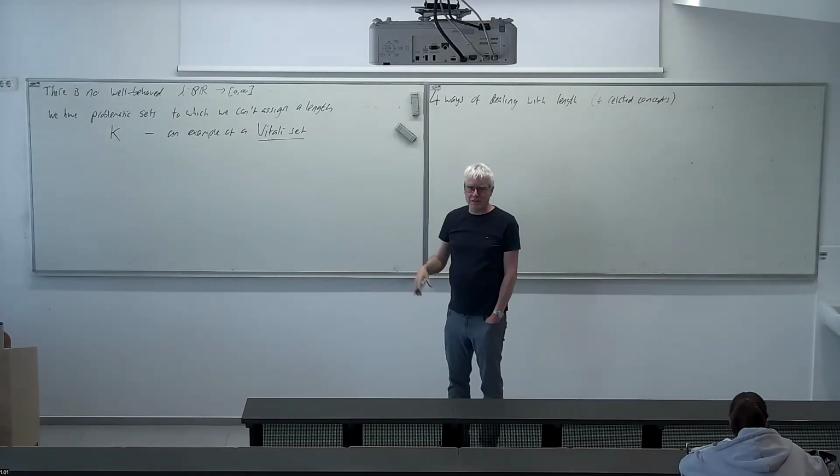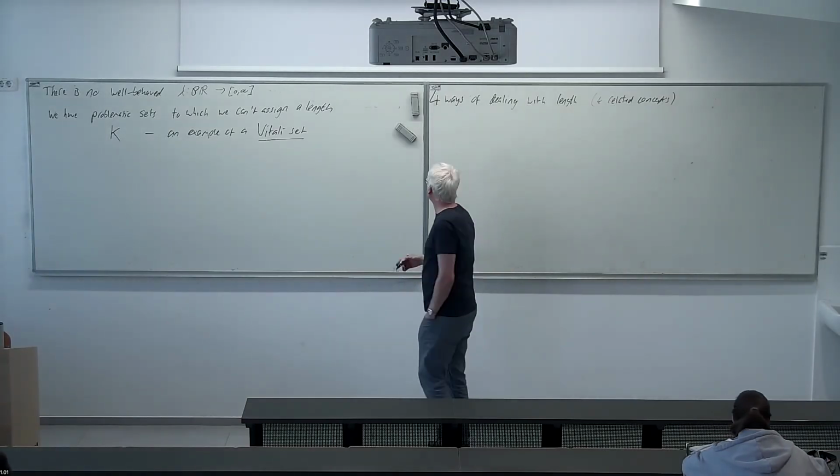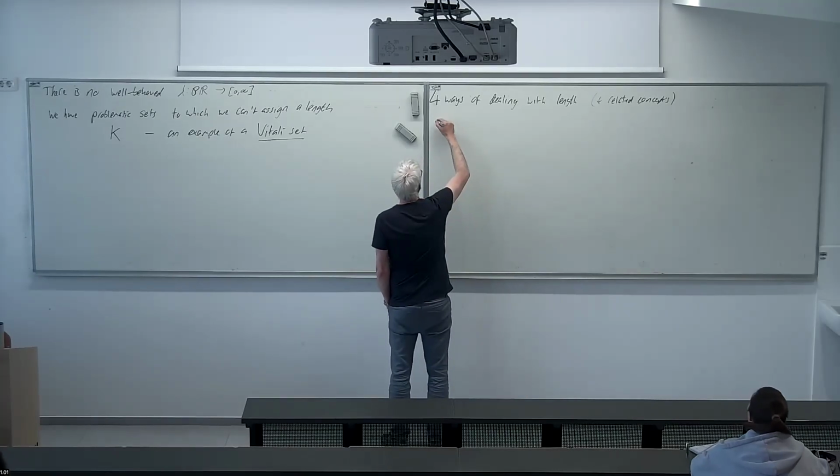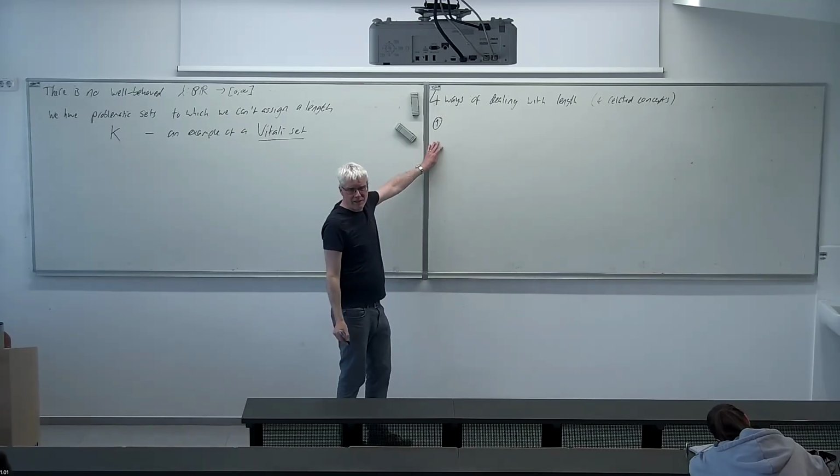So one is to weaken those assumptions we had on the length function. One possibility is to drop the countable additivity, and that can be weakened to something called finite additivity.